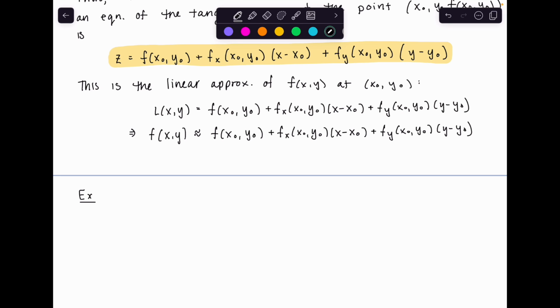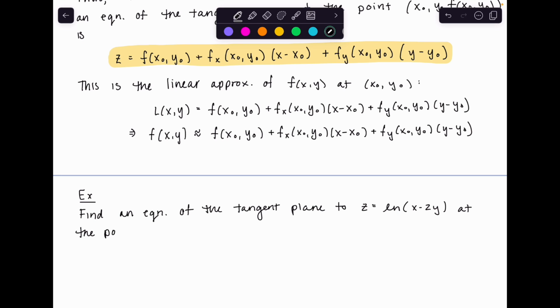So the example we're going to start with is we're going to find an equation of the tangent plane to the function z equaling natural log of x minus 2y at the point 3, 1, 0.